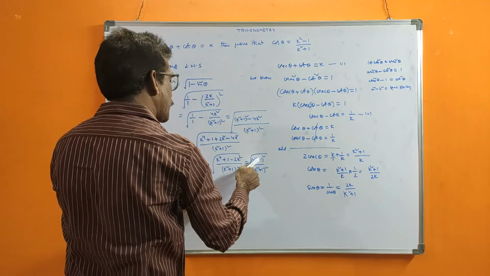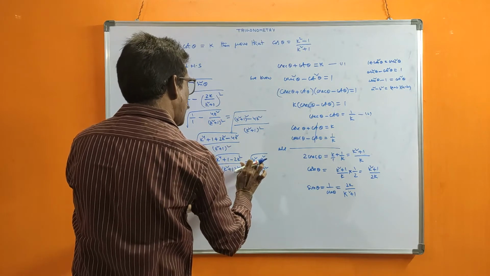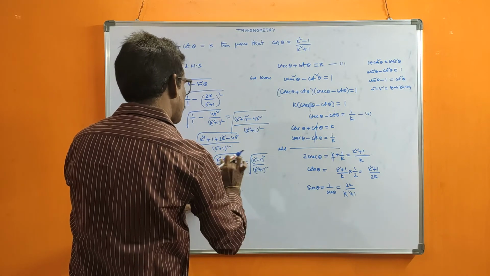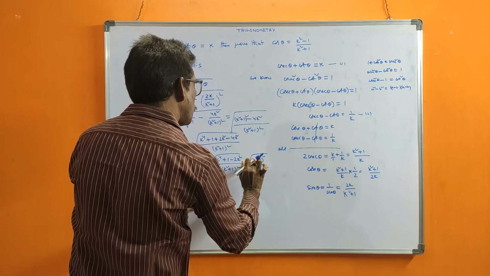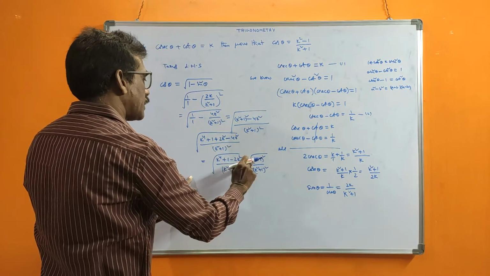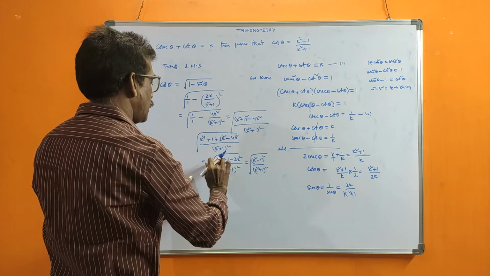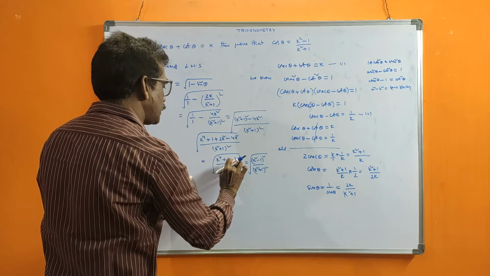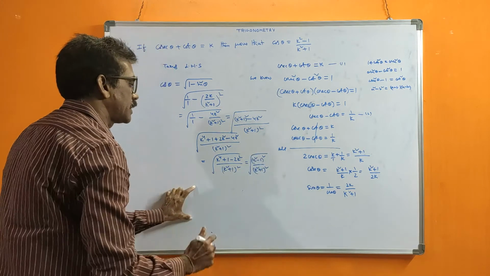Simplifying, k to the 4 plus 1 plus 2k square minus 4k square gives k to the 4 minus 2k square plus 1. This is in the form of a square plus b square minus 2ab, which is a minus b whole square, so it equals k square minus 1 whole square.